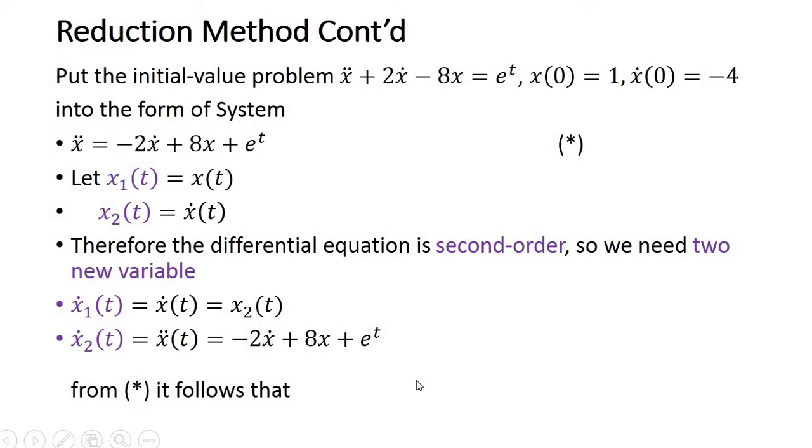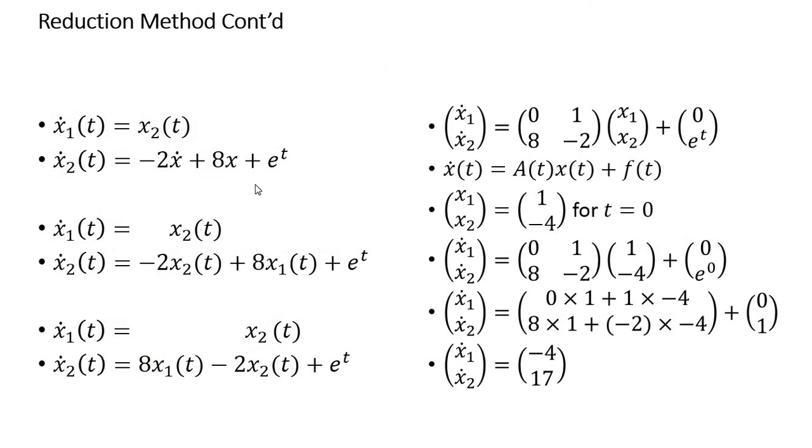So it follows that the first equation is x1 prime equals x2, and the second is x2 prime equals minus 2x2 plus 8x1 plus e to the t.